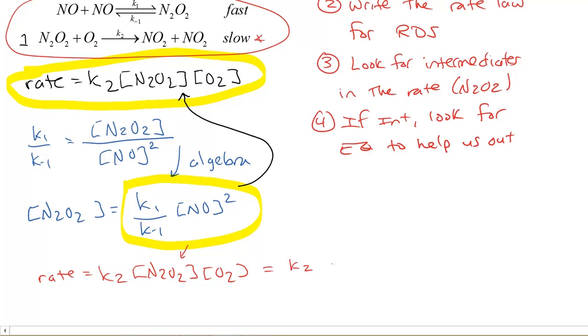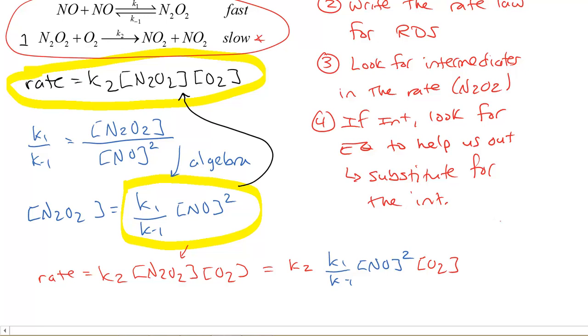So I'm going to have my K2, then I'm going to have my K1 over K minus 1 times NO squared, multiplied by the O2. So if we can do this, then we're going to substitute for the intermediate.